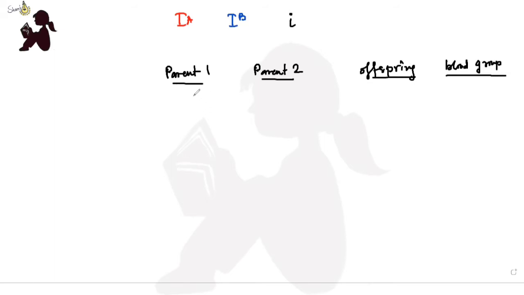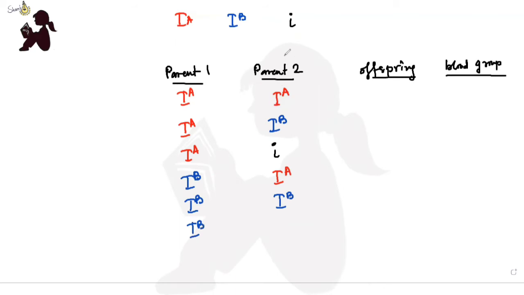The possible combinations are IA with IA, IA with IB, IA with small i, IB with IA, IB with IB, and lastly IB with small i.